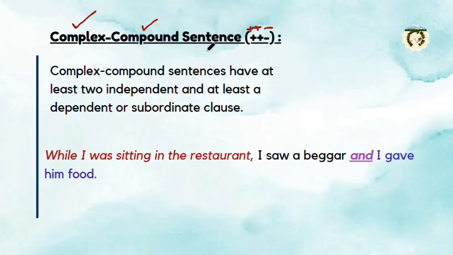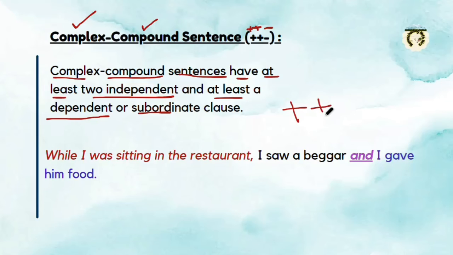Now let's see how do we make complex compound sentences. Complex compound sentences have at least 2 independent and at least a dependent or subordinate clause, right? So a complex compound sentence will have 2 independent clauses, means 2 simple sentences, and then a dependent clause or subordinate clause.